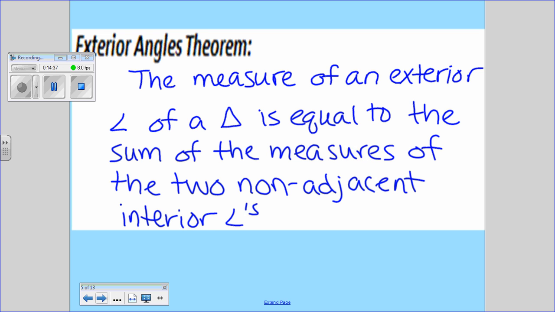The measure of an exterior angle of a triangle is equal to the sum of the measures of the 2 non-adjacent interior angles.